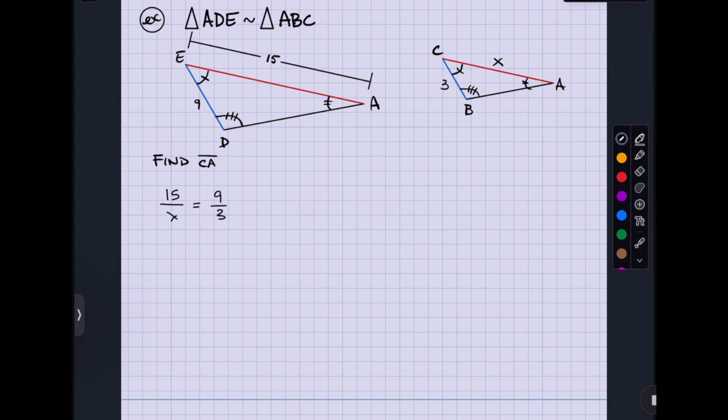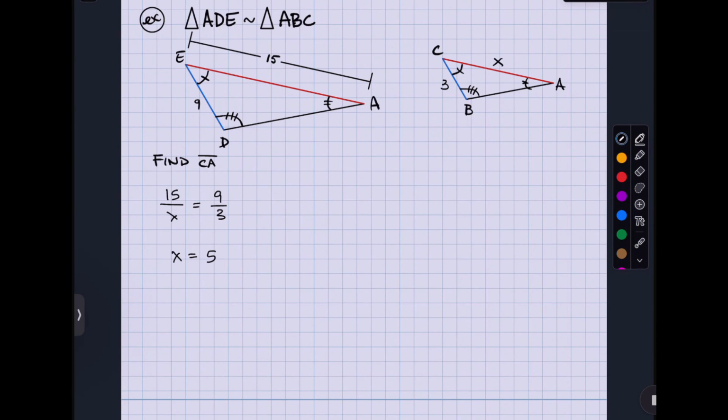So x is equal to, can I cross multiply? Yes. Why? Because it's a single fraction equaling a single fraction. That's the only time you can cross multiply. The reason why I'm bringing that up is because in my algebra class, anytime we have any kind of fractions with an equal sign, they're like, cross multiply. Well, no, we can't cross multiply all the time.